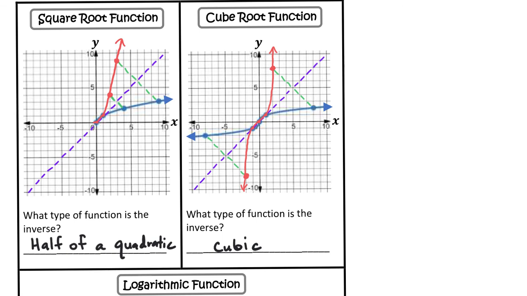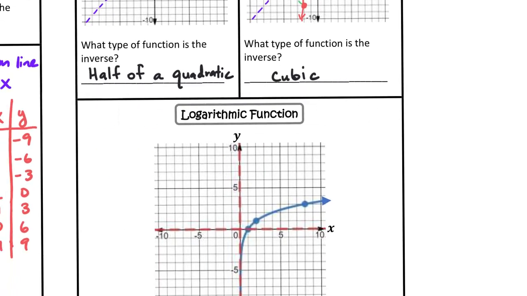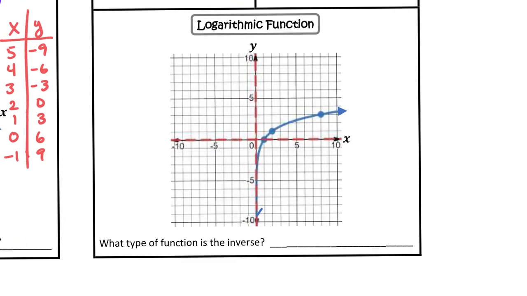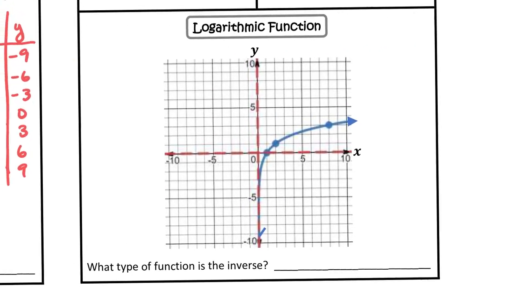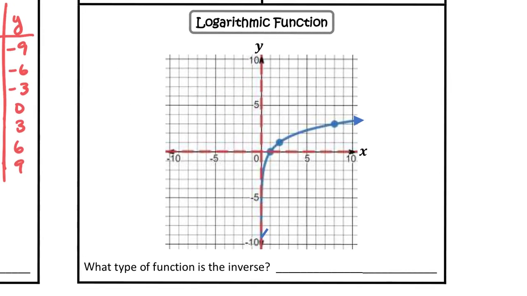And then we're going to look at one more. Next one is, what type of function is the inverse in this case? Okay, so first step again, draw the diagonal. You always want to draw this diagonal because it serves as a kind of reflection line.